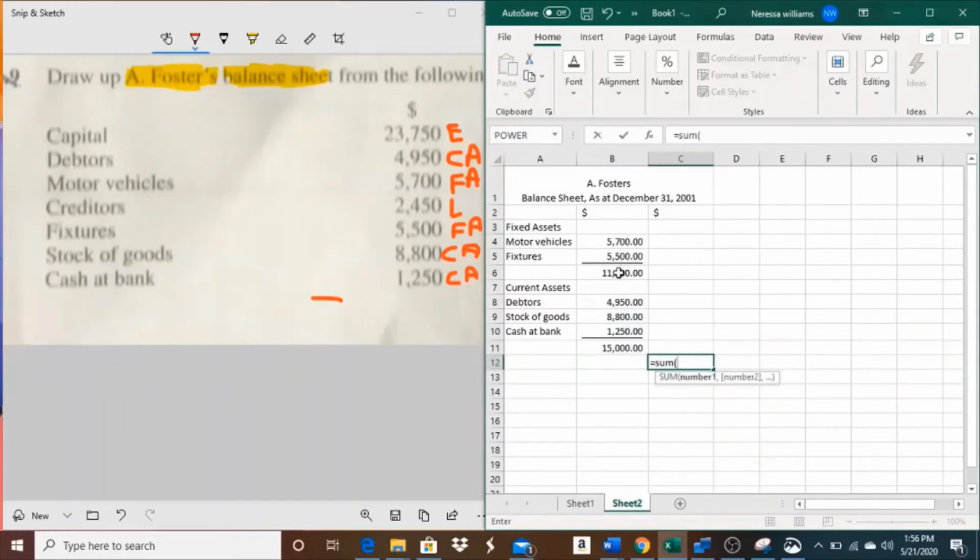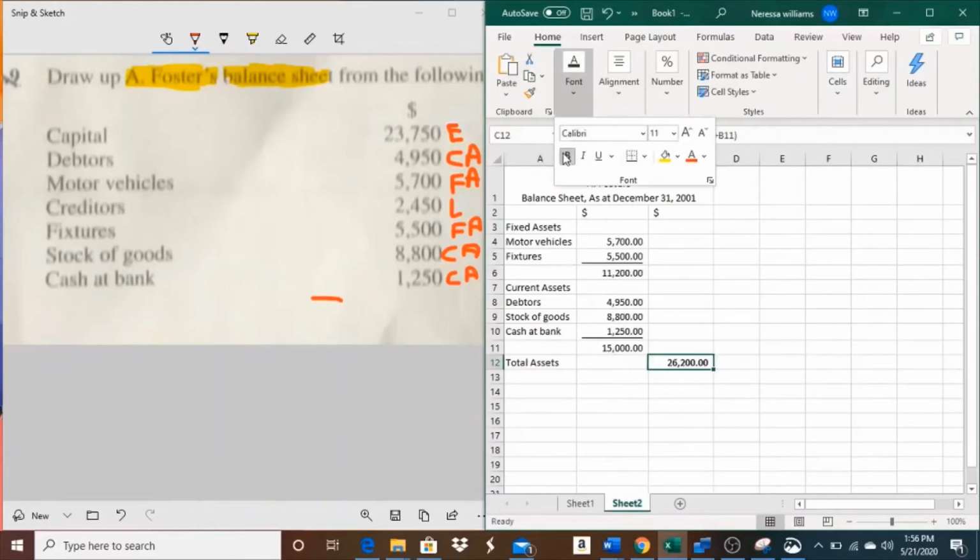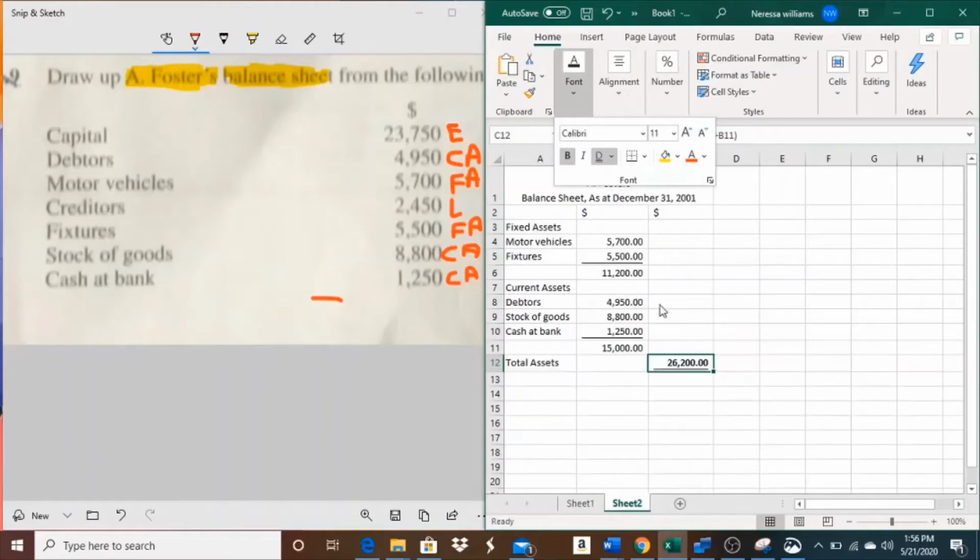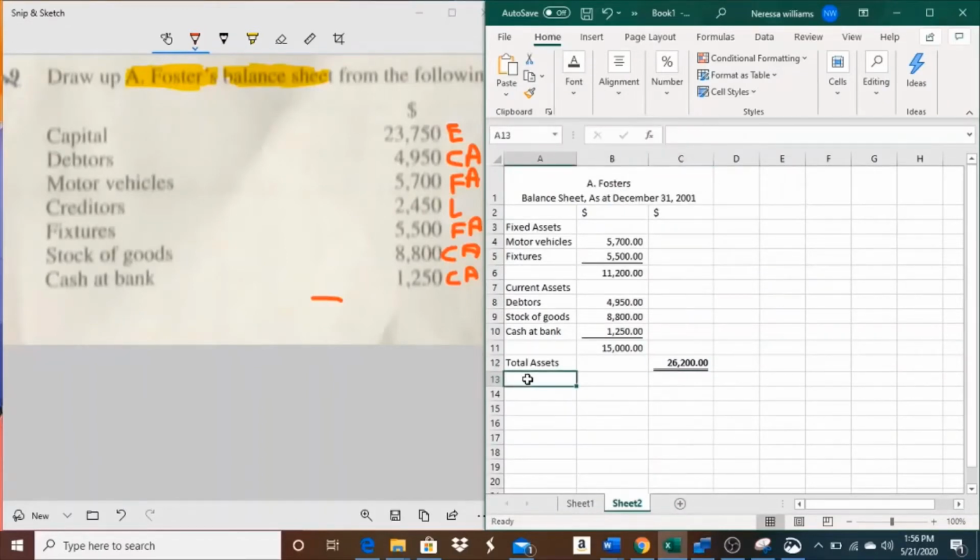Now our total assets must equal our fixed assets plus current assets. And now that we know the total assets, we know that our equity and liabilities must be equal to this total. Ensure that you bold and not bold your writing. Ensure you double line your final figures.